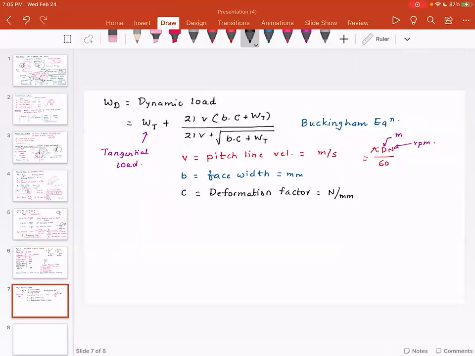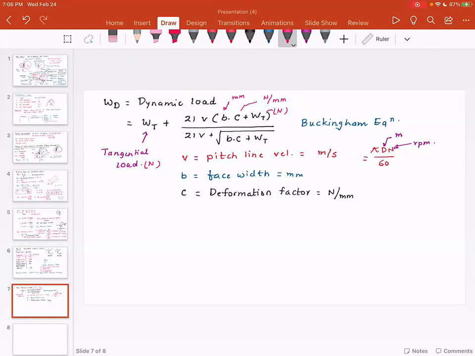So I want you to try to plug in these values. You will notice that B is in millimeters and C is in Newton per millimeter, so this product is going to give you newtons. So WT has to be in newtons here, but velocity is going to be in meters per second.